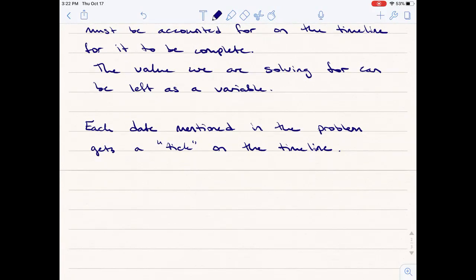And then each tick is going to have an arrow either coming to it or going from it, depending on which way the money's moving.